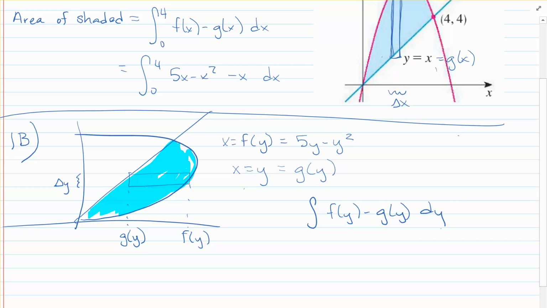We're integrating with respect to y, and what that means in the picture geometrically is that our rectangles are turned on their sides. We have a bunch of rectangles, but you just need to draw one of them in for me.